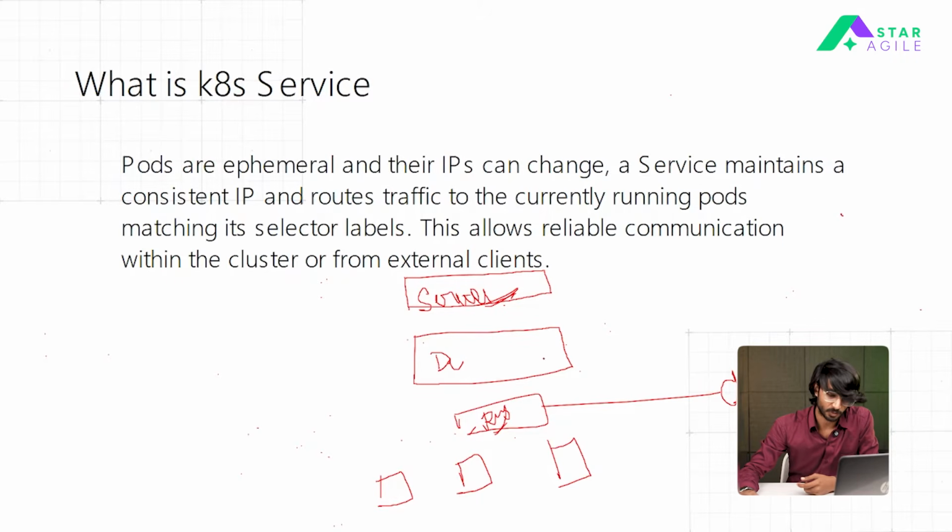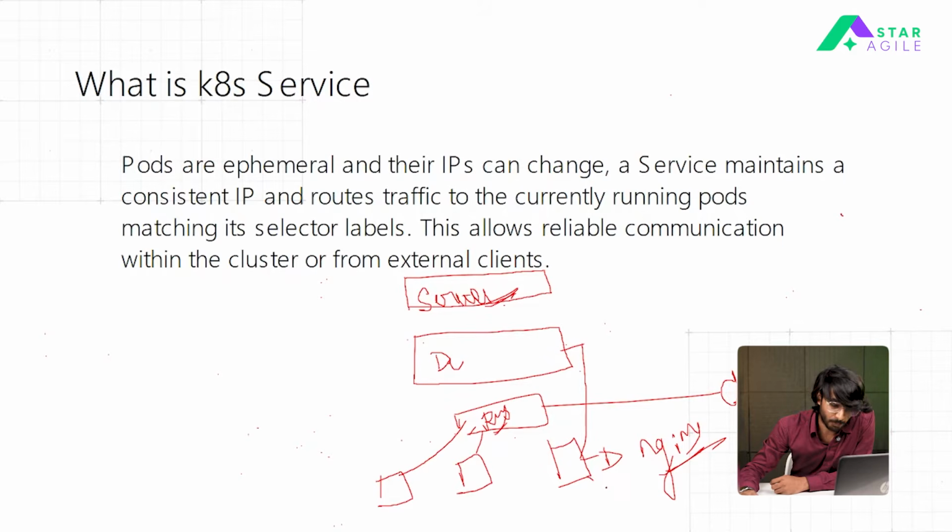Right. So in the deployment, we have clearly written the labels for the pod. I'm using Nginx. And when the pod has been deleted and replaced with a new pod, when the service tries to reach out to the pod, it will be looking for the name of the pod rather than IP addresses.